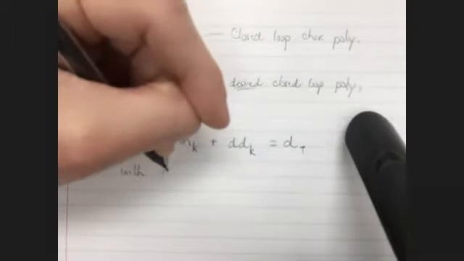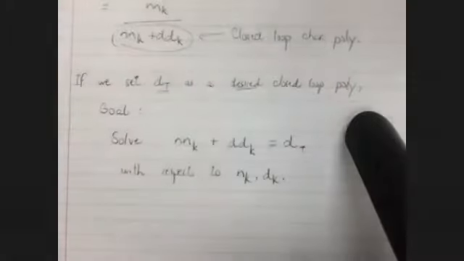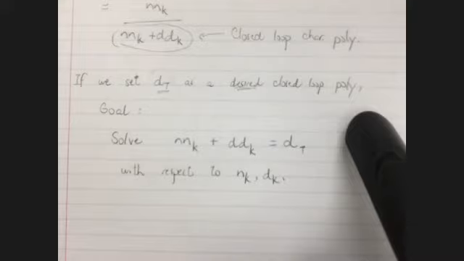And we're solving this with respect to NK and DK. So this becomes the big equation we have to solve. This one has a special name. It's known as the Diophantine equation.